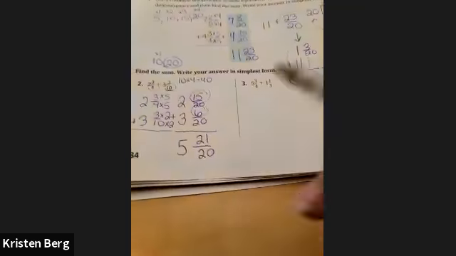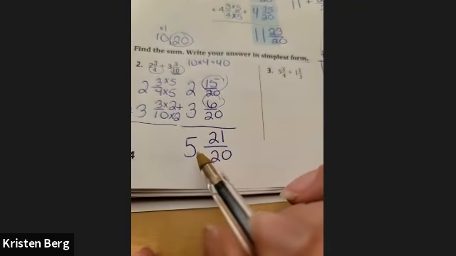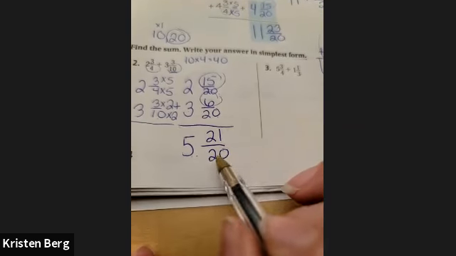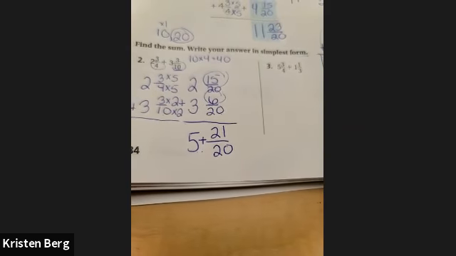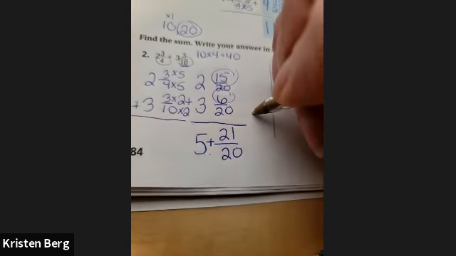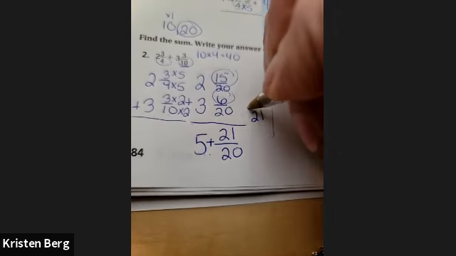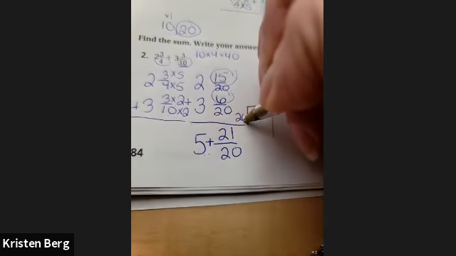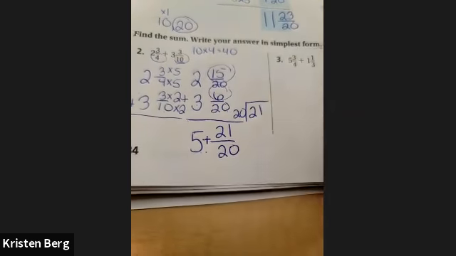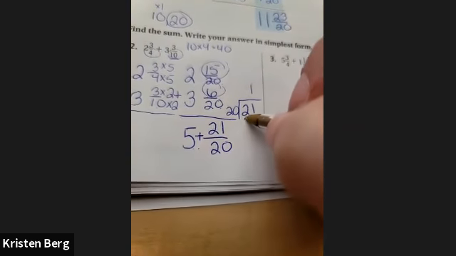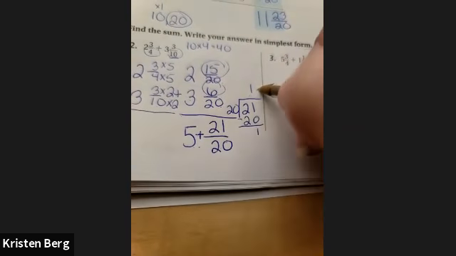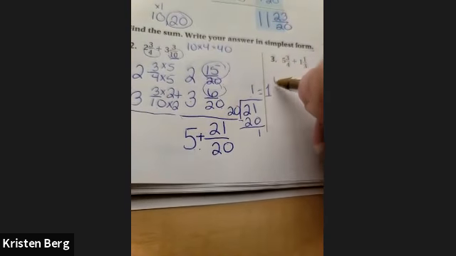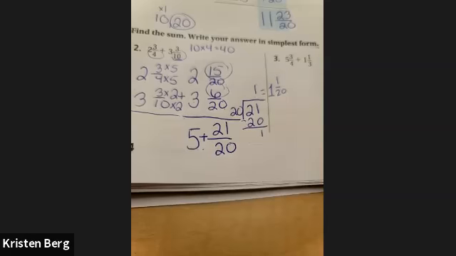All right, but the issue again is that we have a whole number and then an improper fraction, which we've got to separate. We've got to figure out what that is. So we can't have an improper fraction. So now I'm going to go ahead and divide it out to figure out what that is. So 20 can go into 21 one time. When you subtract, that would be 1 remaining. So therefore, this is going to be 1 and 1/20th.